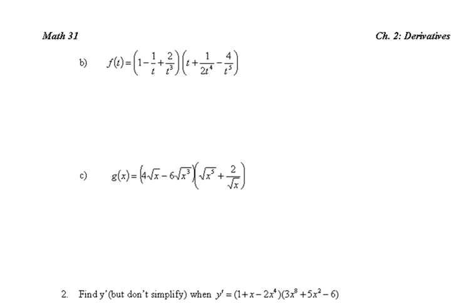Now, I am going to make an executive decision here. For letter B, letter C, and number 2, we will not be simplifying our answers. We'll just be stating the answer, but not simplifying.